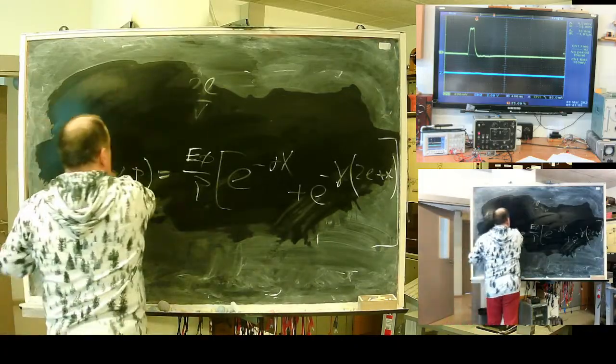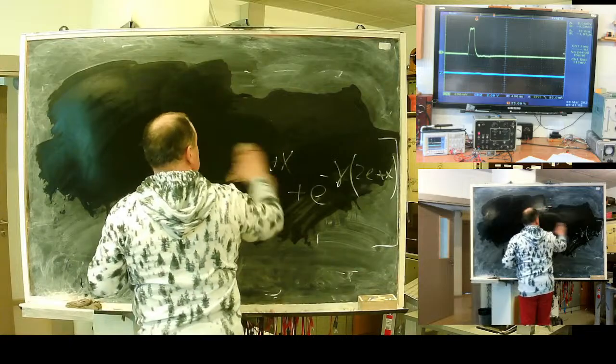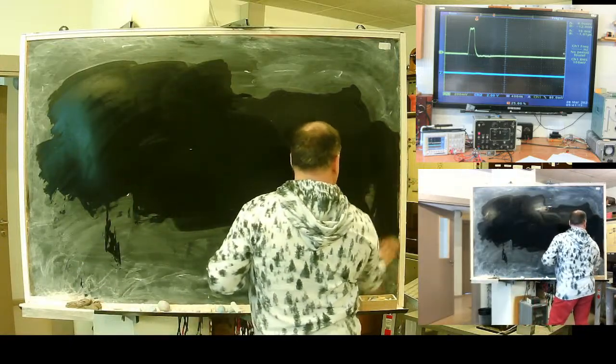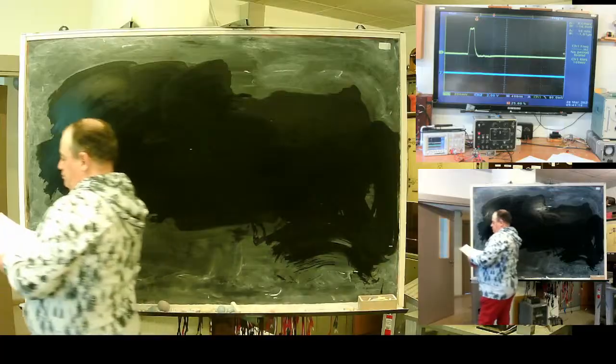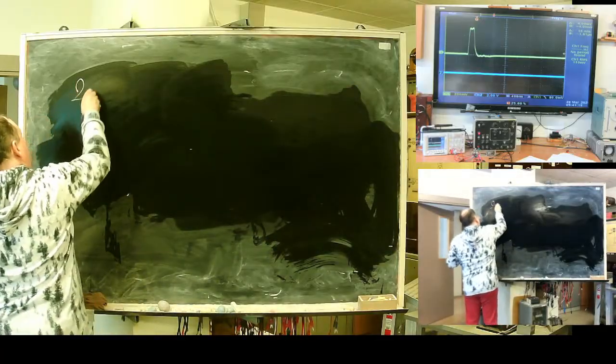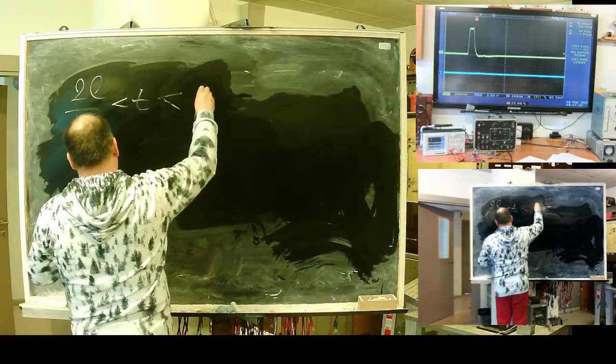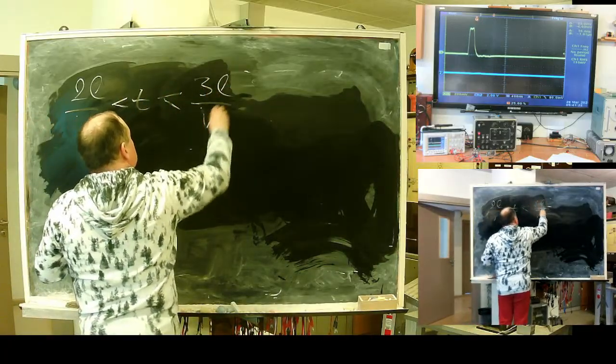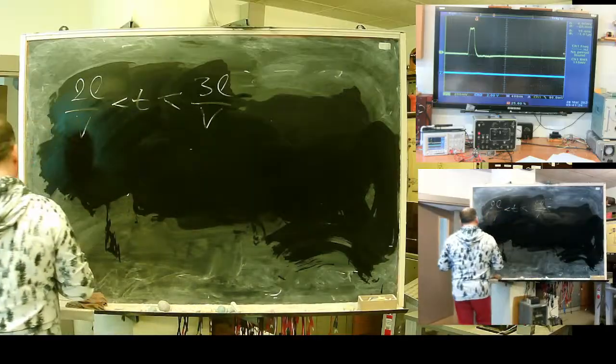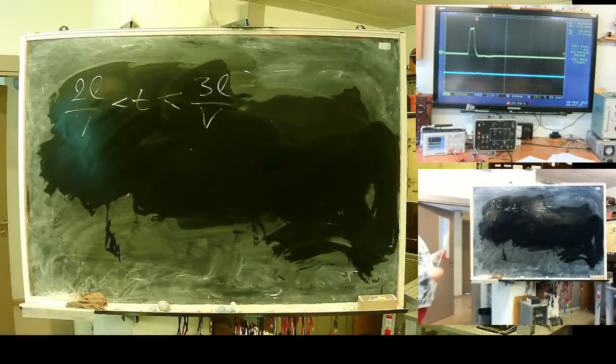One more reflection from sending end. Divided by propagation speed, time divided by propagation speed. We have reflection from sending end.